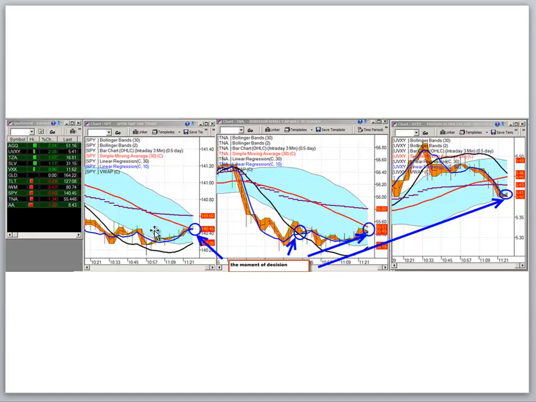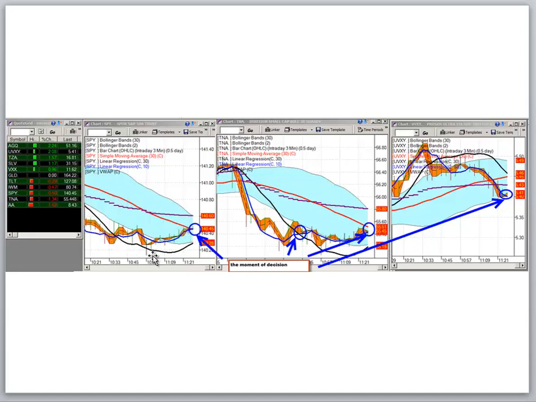And then the market gets into this sideways quiet channel of price, and now you can see the river in SPY coming down to join it. And now at this point, which I called in the chat room the moment of decision, what we had was about an hour's worth of price data in SPY that was just sideways in a very tight channel. So now price comes back into the river. The river's coming down to price.